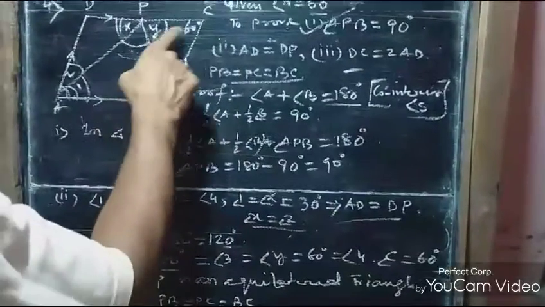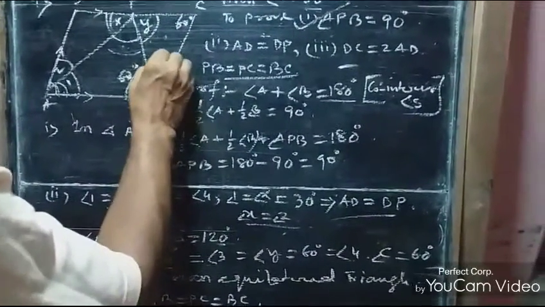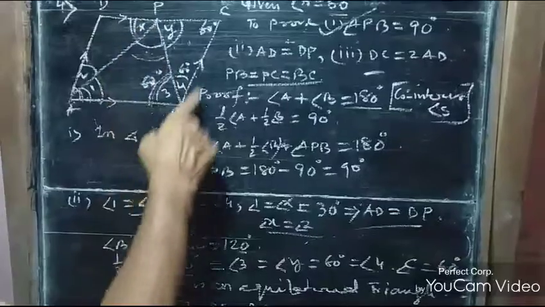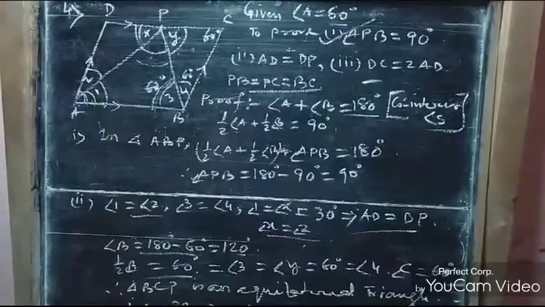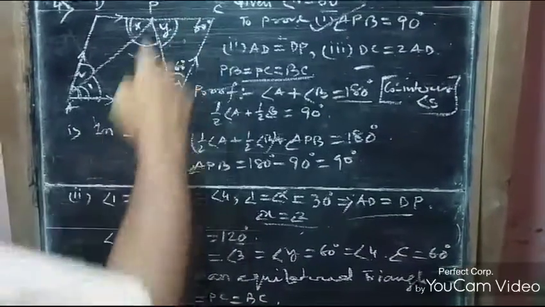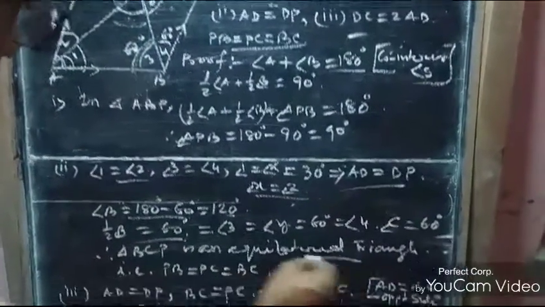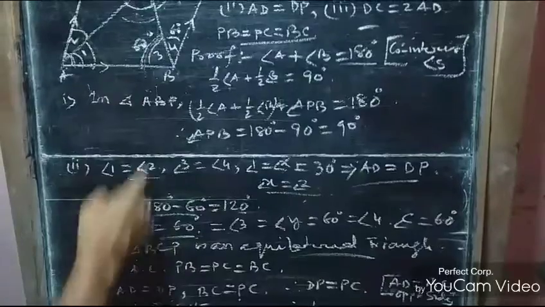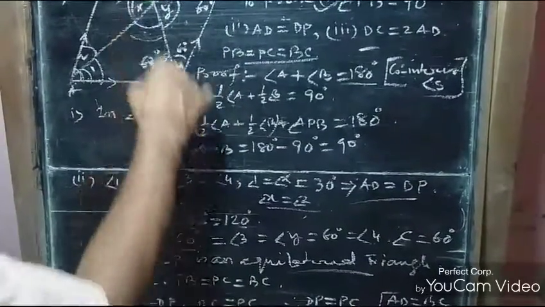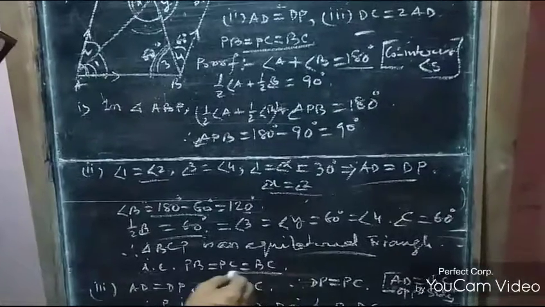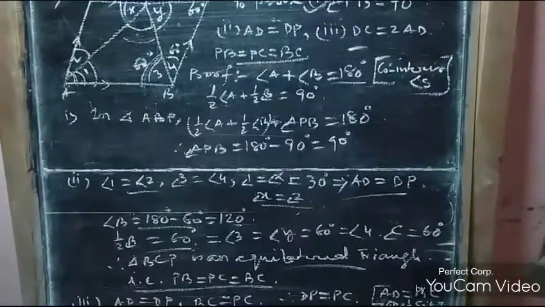So if these two angles are 60, then definitely this is also 60. Now in triangle PBC, all angles are equal, 60, 60, 60. So we can tell this is an equilateral triangle. If this is an equilateral triangle, then definitely PC equals BC equals BP. This is the part we can tell.